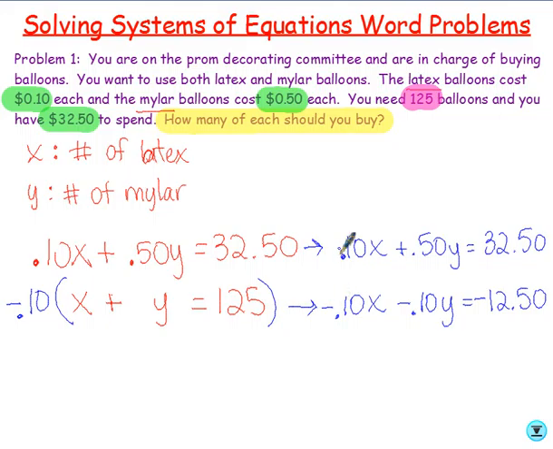So if you remember, the next step of the process is to add. So I'm going to draw my big giant line, and I'm going to add down the columns. Well, 0.10 plus negative 0.10 cancel. 0.50 plus negative 0.10 gives me 0.40y. 3250, take away 1250, leaves me with 20.